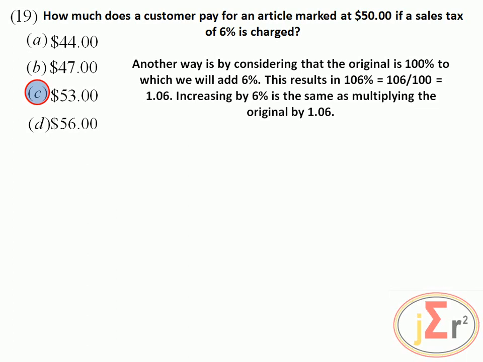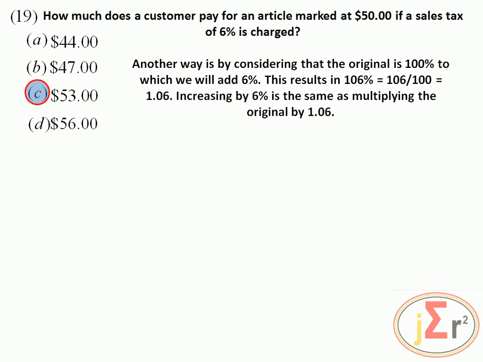The sales tax will be added to the amount of money. So the 6% will be added to the original, which is 100%, making it into 106%. 106% is 106 divided by 100.